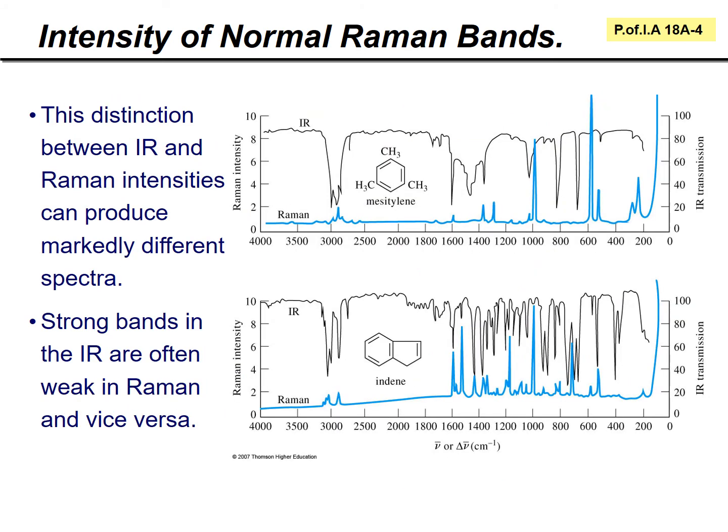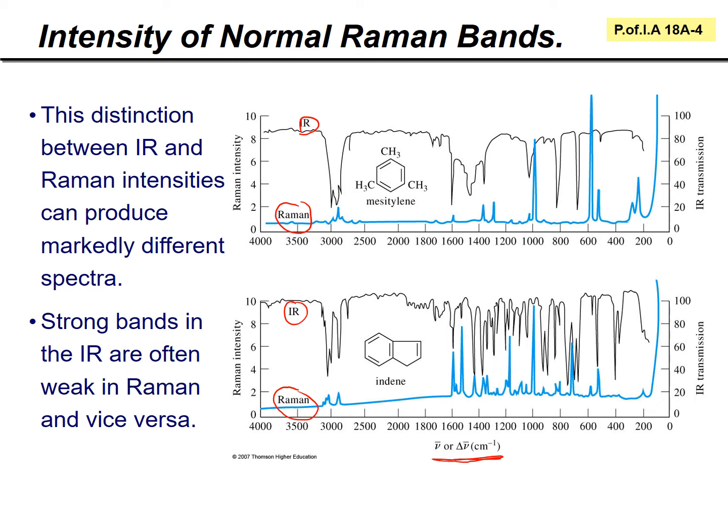Okay, that last slide was a bit heavy, that discussion of polarizability, but let's see it in action. So we've got two molecules here, mesitylene and indene, and we've got infrared and Raman for both, plotted on the same axes, noting that the x-axis is nu, frequency for infrared, and delta nu, difference in frequency, for Raman.